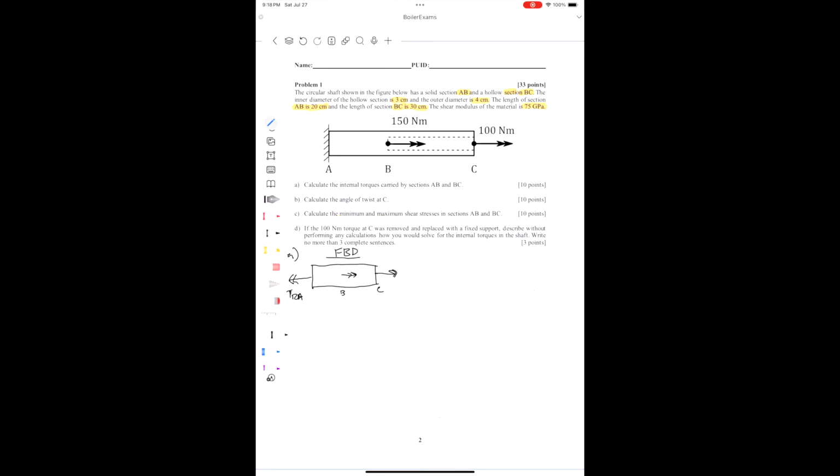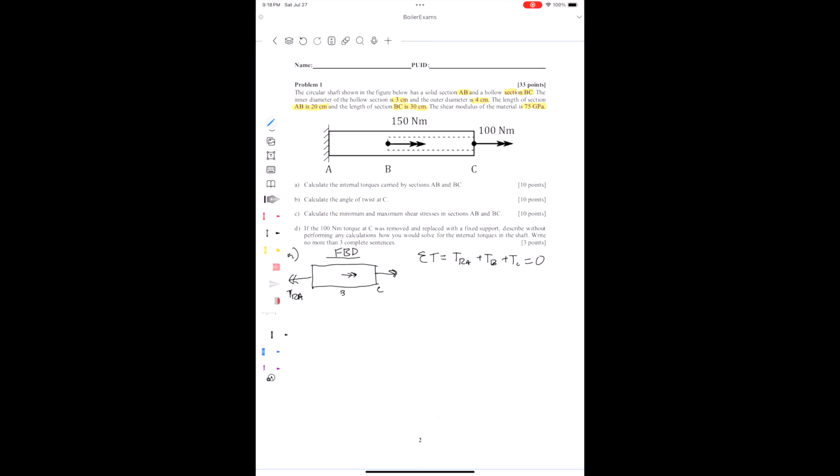All right, so if we're just looking at this free body diagram, we can see that we know what B and C are, and we can guess intuitively that the reaction torque at part A is probably going to be the sum of B and C, just in the opposite directions. But let's go ahead and do our equilibrium equations just to check. So we have TRA plus TB plus TC equals 0.